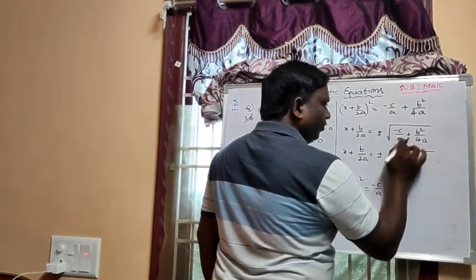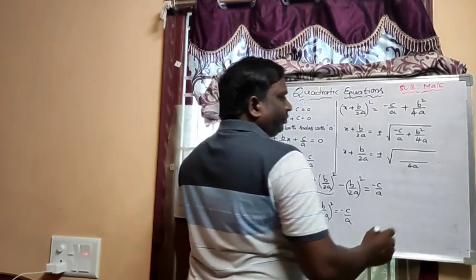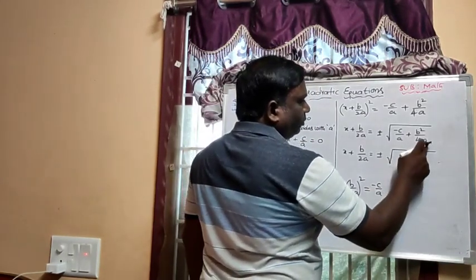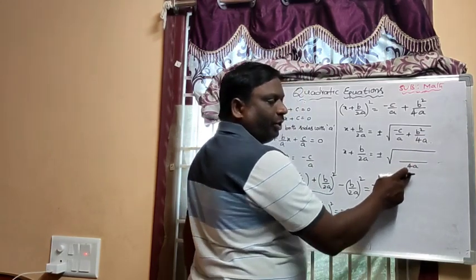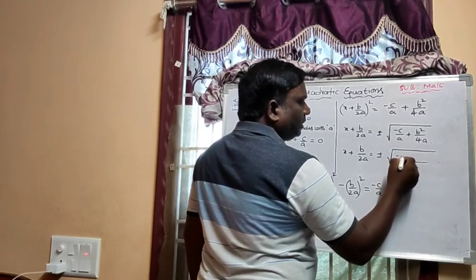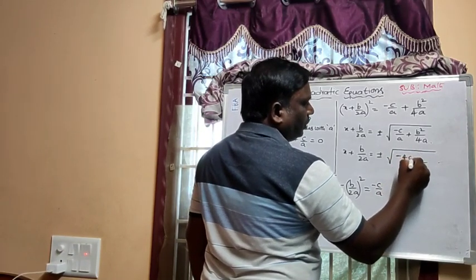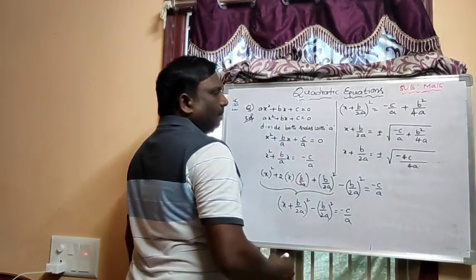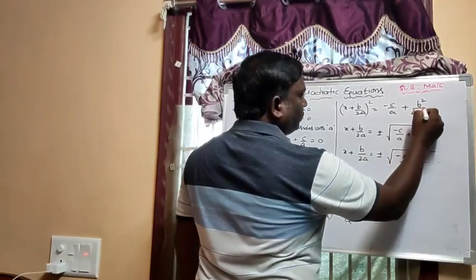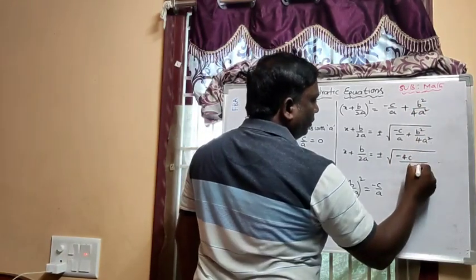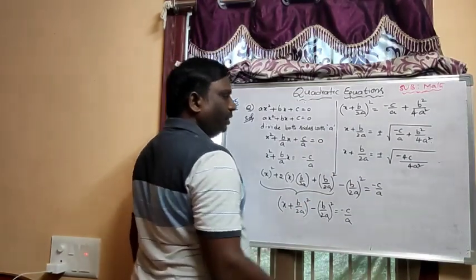So x plus b by 2a equal to plus or minus. So take the LCM of these two. That is LCM is 4a square. So if you multiply here a with 4a, that means minus 4c, here it is, 4a square, b square by 4a square.